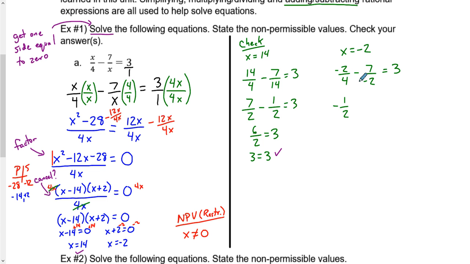So we're going to change both those negatives to be a positive. And if you take -1/2 and add 7/2, you get 6/2, which is 3. So 3 equals 3. Absolutely, that's right, which means that x equals -2 is a perfectly fine answer. So our two answers of -2 and 14 work.